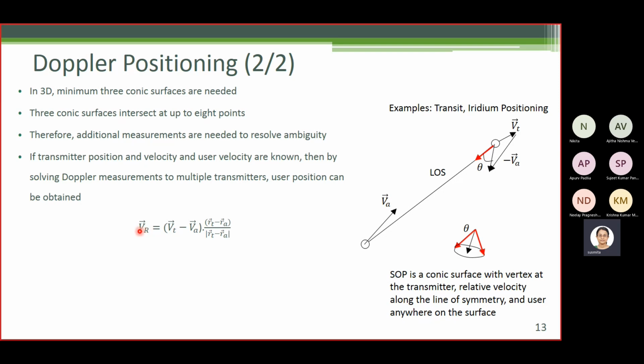So from the Doppler shift we find V_r, and then if we assume that V_t, R_t and V_a are known, the only unknown here is R_a. Even when only R_a is unknown, we need multiple measurements to determine R_a.